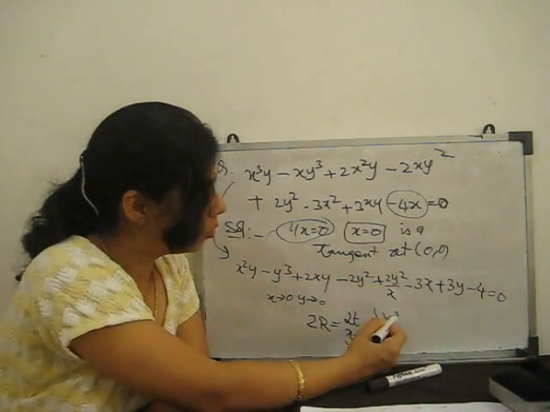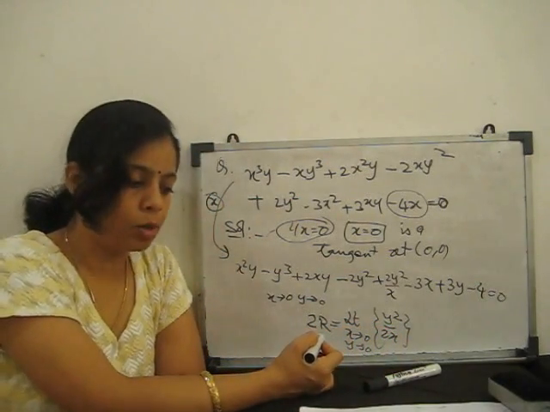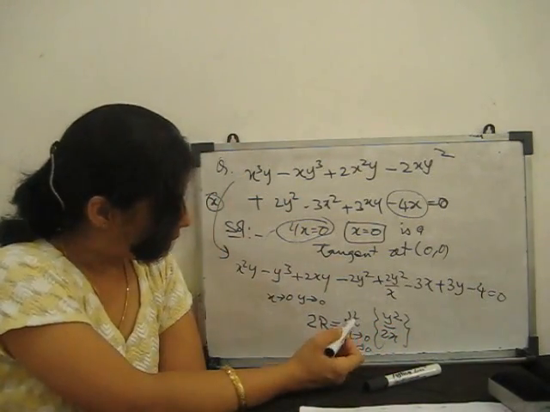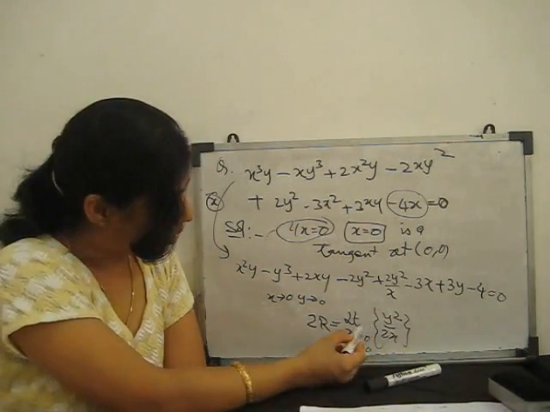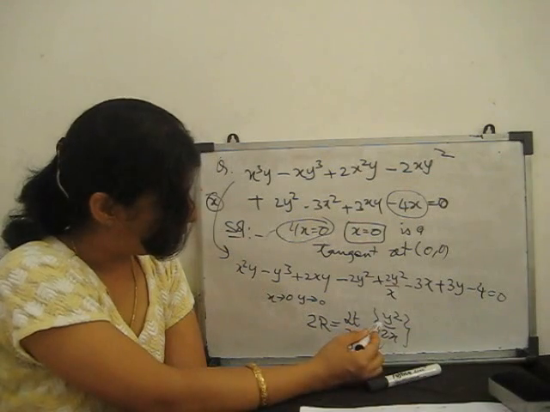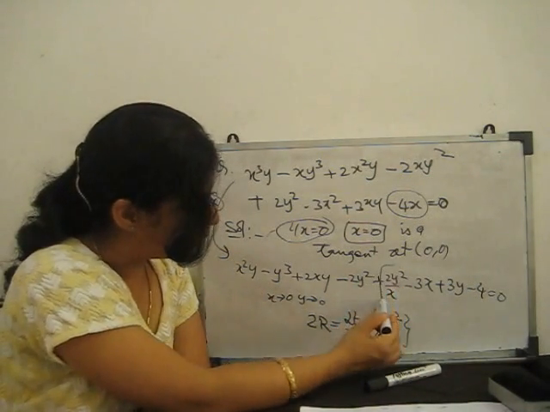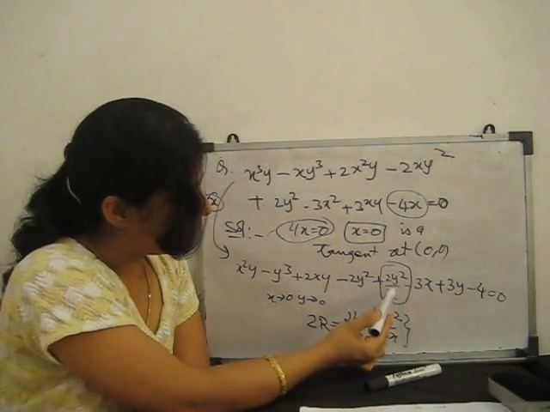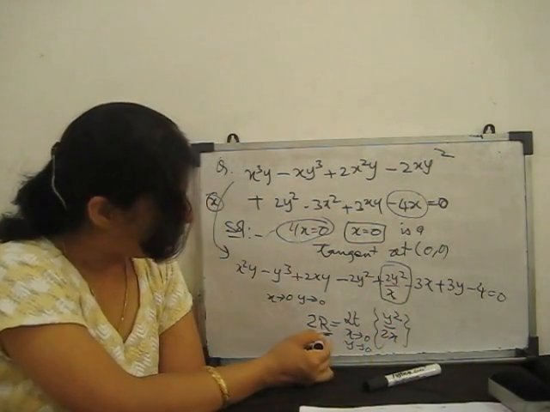So y square upon 2x. Clear? So with this limit, this term y square by x is equal to 2r.